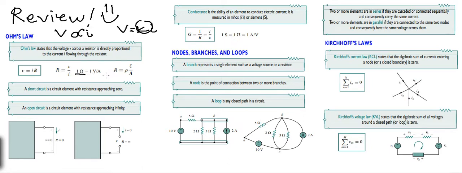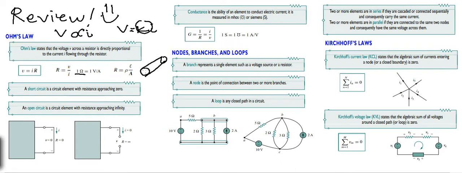Now we also have this formula. If we have the resistivity constant, the length, and the area, with length in meters and area in meters squared, we can still use it for a certain material.